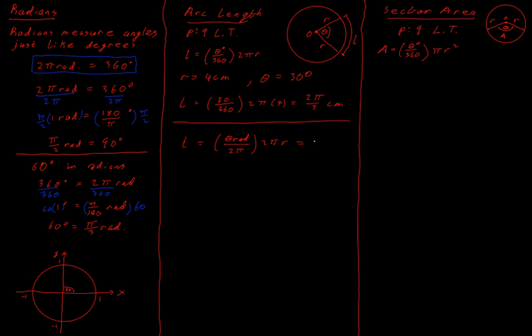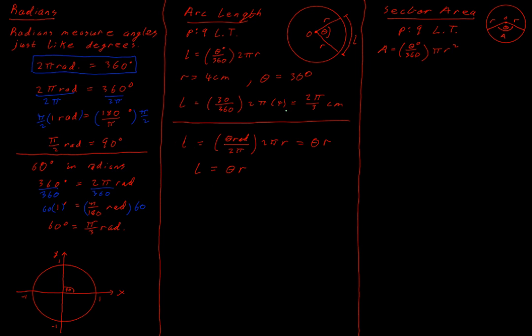So I'm just left with theta times r. And this is the formula that is in your log tables. If theta, the angle, is given in radians, the arc length is just theta times r, a much simpler looking formula than the one we were dealing with already.